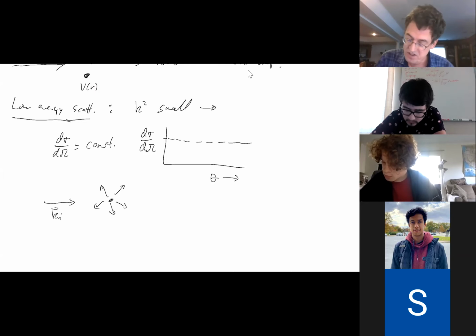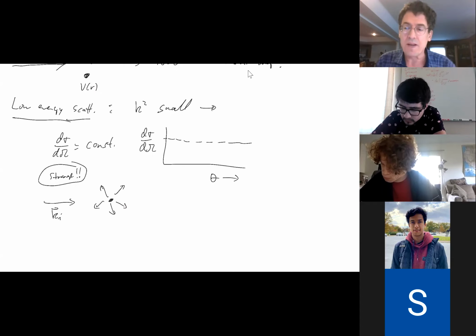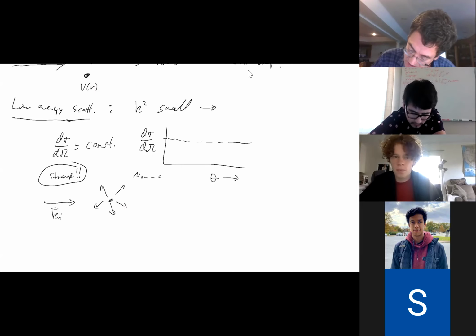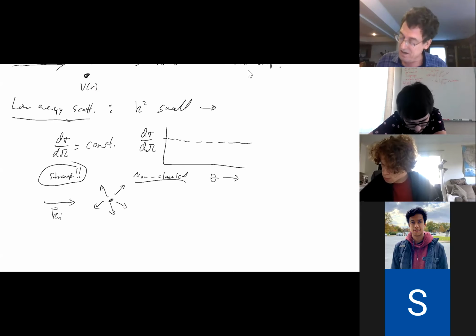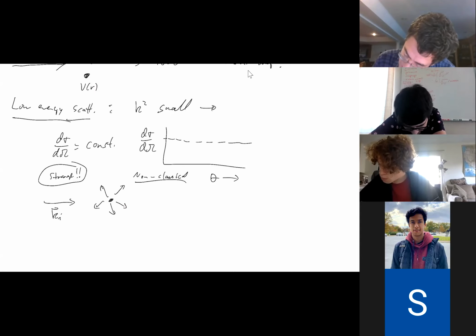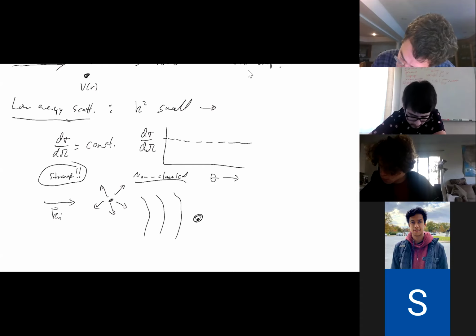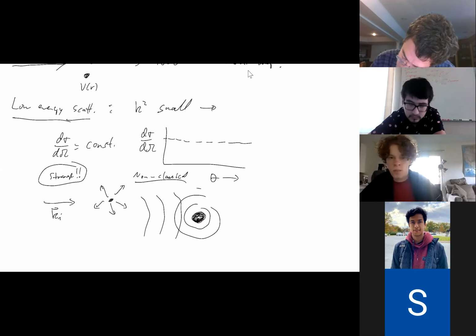And so this is strange. This is a quantum mechanical effect. This is very non-classical. And the reason that this happens, if you go through all the math and think about it really hard, is this: I have a long wavelength wave coming in, hitting this fuzzy potential, wrapping itself around that potential, and scattering outward.